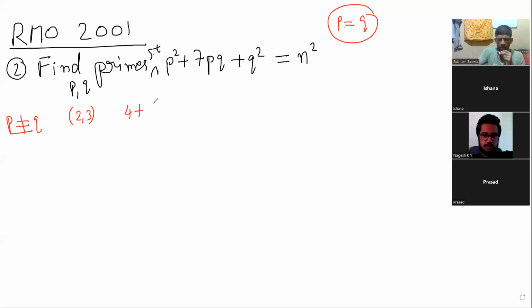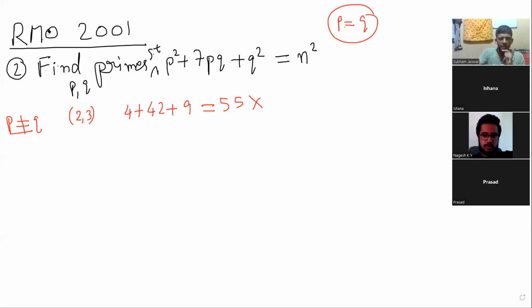Very, very good. 9, and this is 55. So it doesn't work. So you're saying not possible.